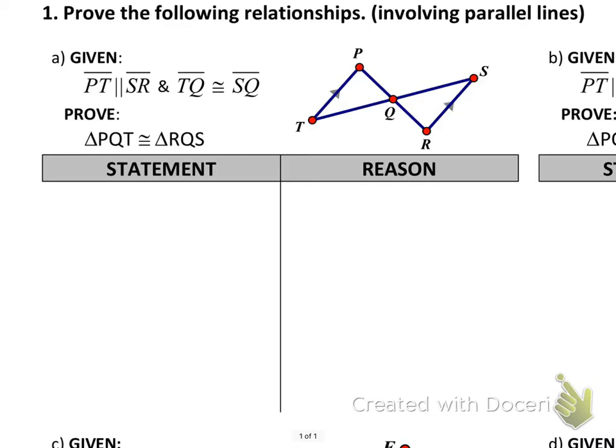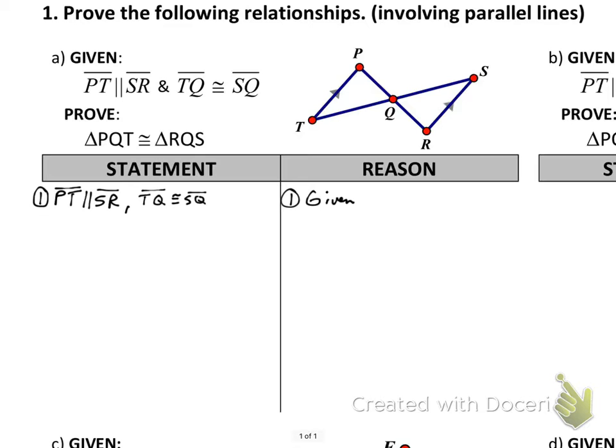All right, let's actually get started with this. So we'll write our givens. So PT and SR are parallel. And TQ and SQ are congruent. That's given. So we'll just work through this one.